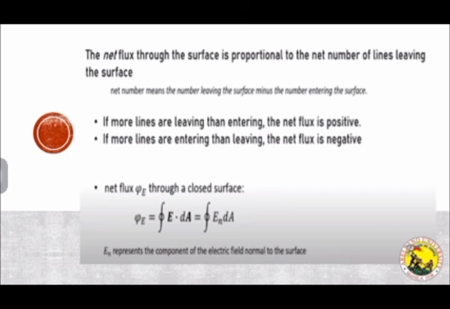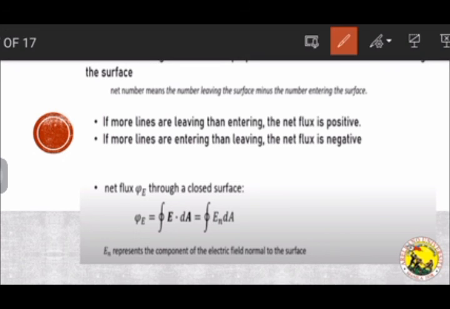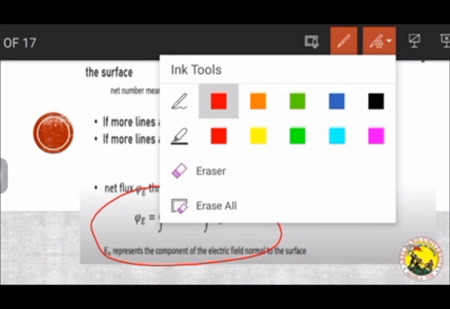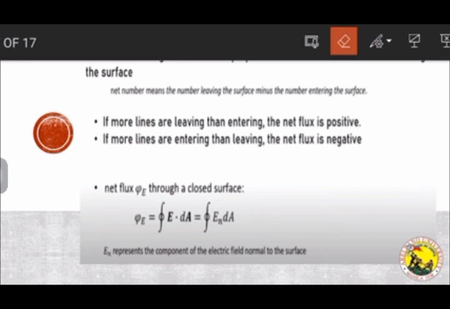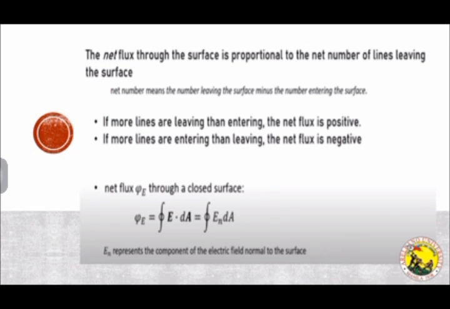Using the same integral symbol to represent an integral over a closed surface, we can write the net flux through a closed surface as the net flux equal to the contour integral of E dot dA, equal to the contour integral of E sub n dA, where E sub n represents the component of the electric field normal to the surface.